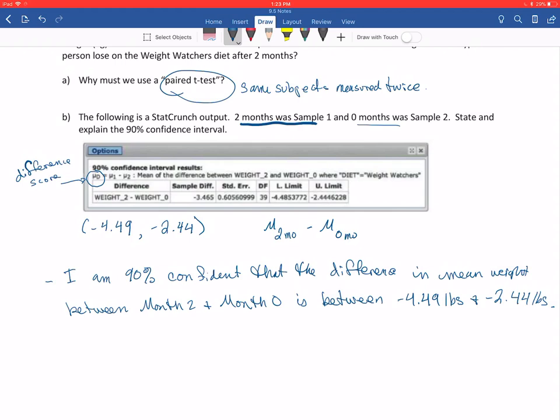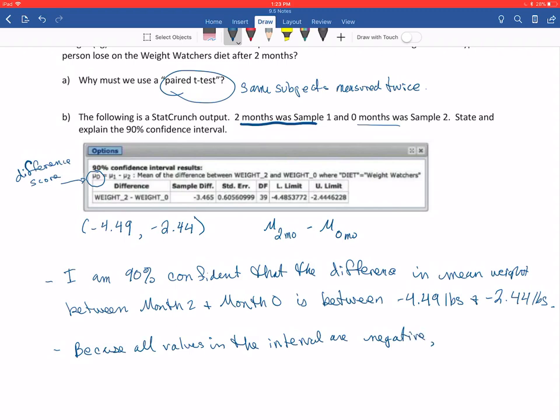It's like, okay, that's helpful, but I think that that's still maybe somewhat vague. If you were explaining this to someone who's not in a statistics class with you right now, they maybe don't still understand what you're trying to say. So I would follow that up with, because all of these numbers are negative, so because all the values in the interval are negative, what do we know?